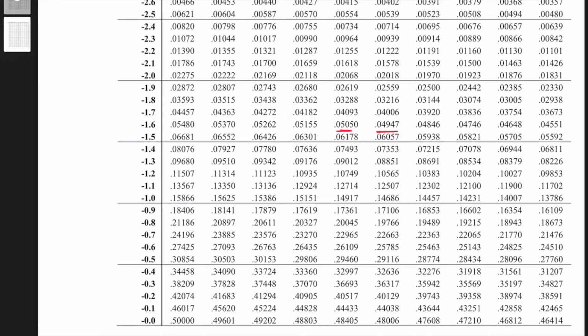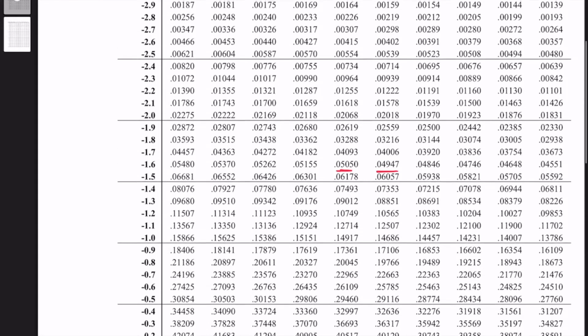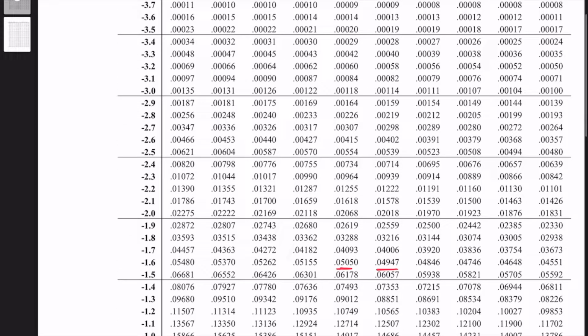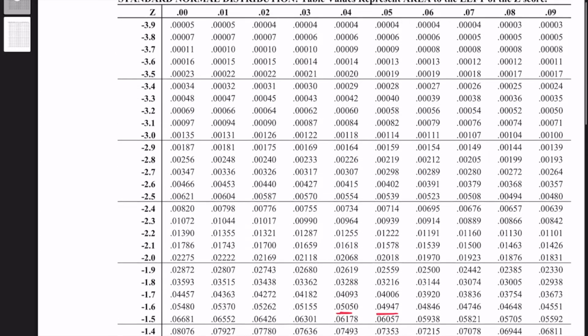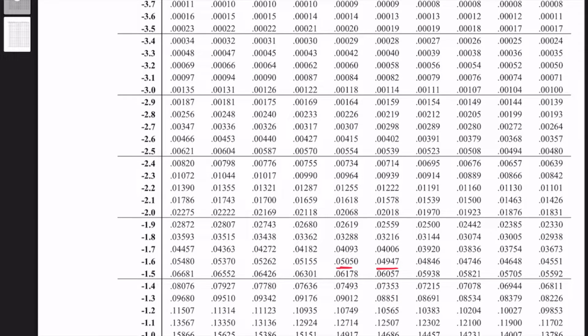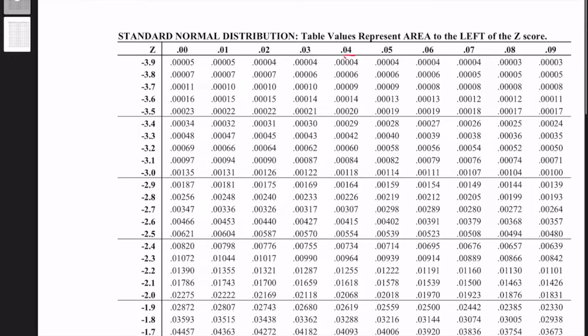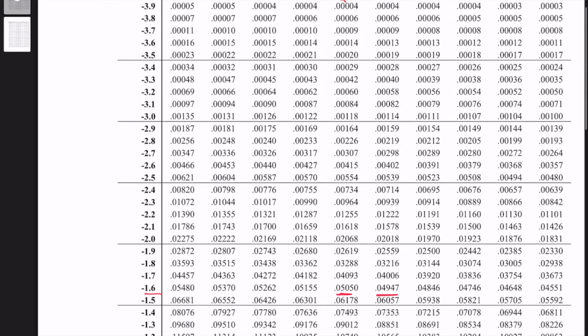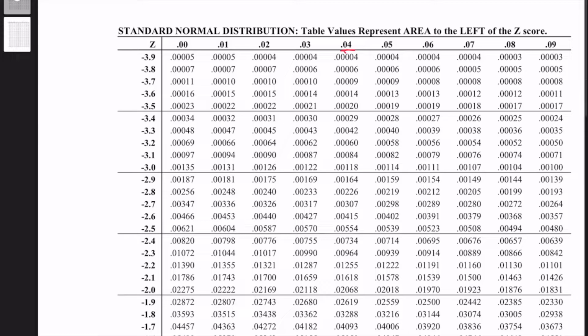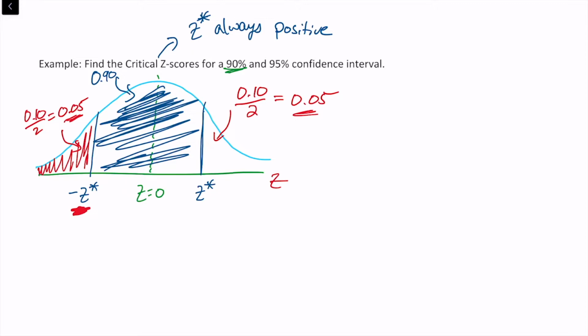So, technically speaking, which one's closer? I believe the 0.0505 is a little closer, right? So that means that our z-score will be, let's back that out, a negative 1.64. And then also the other one that we're really close to is a negative 1.65. So really what most people will do in that case, because those two values are so close to each other, is split the difference. And they'll say that this z-score is a negative 1.64 and then 5.